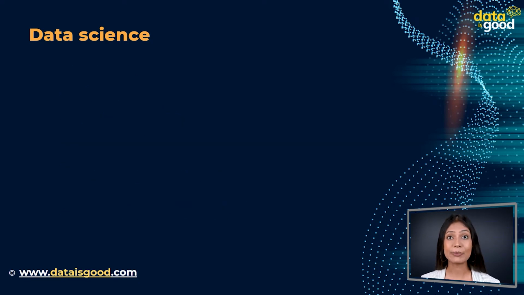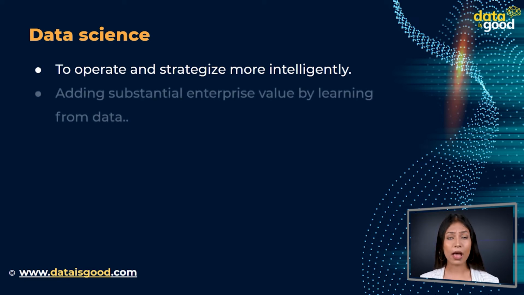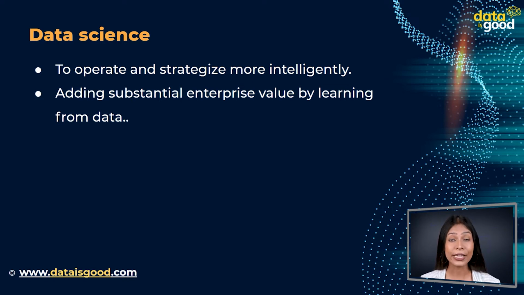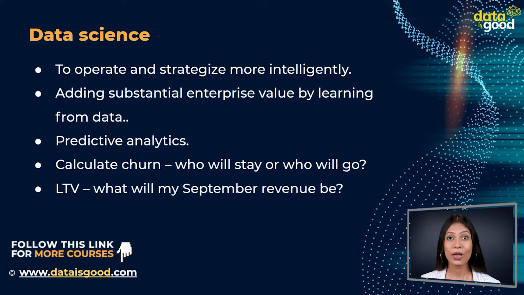Data science enables companies to operate and strategize more intelligently. It is all about adding substantial enterprise value by learning from data. Now, one very important aspect of data science is predictive analytics. With the help of predictive analytics, we can calculate churn: who will stay or who will go? LTV: what will my September revenue be?